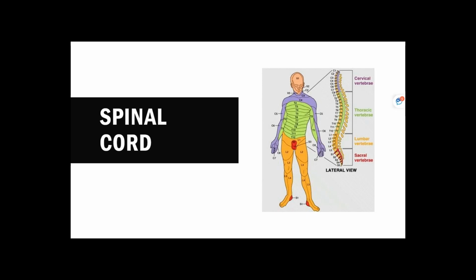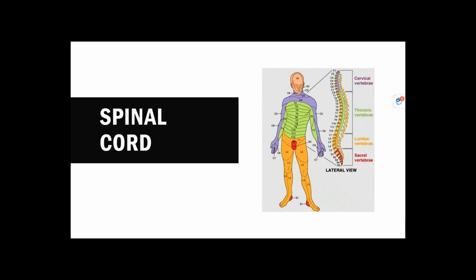The main functions of the spinal cord are to transmit sensory information to the brain and motor information from the brain. And it produces reflexes by 31 spinal nerves. We'll talk about those nerves here in just a second. Of course, the spinal cord is very sensitive, so it tolerates injury very poorly.